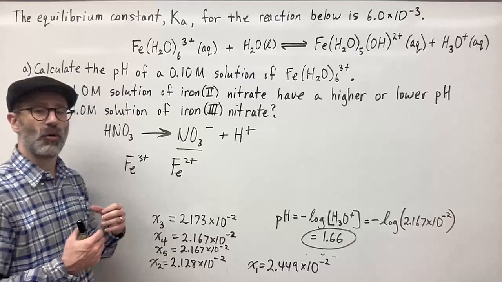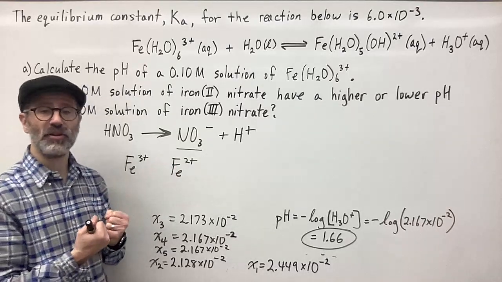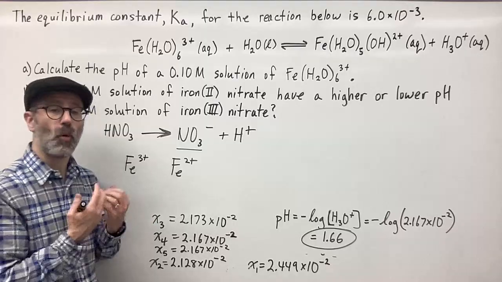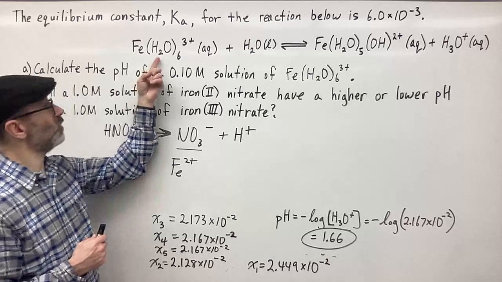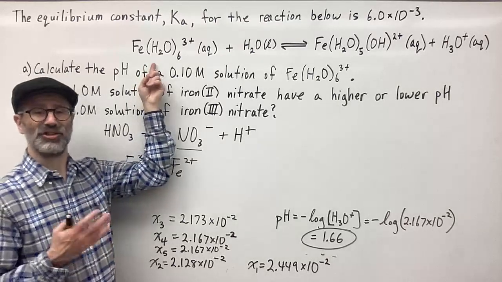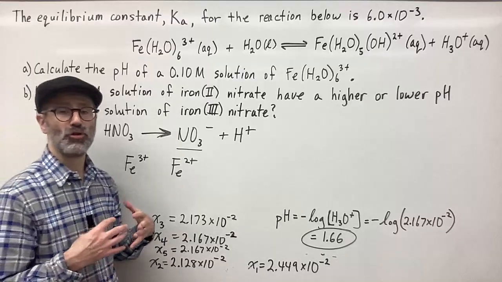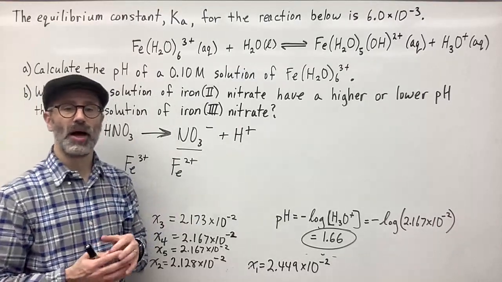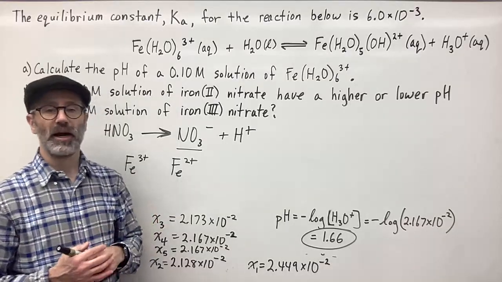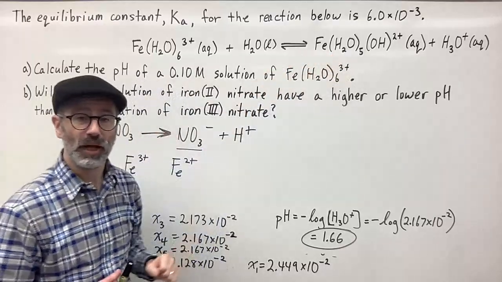And that taking away of the electron density from the water molecules is then going to make the bonds in the water molecules between the hydrogen and oxygen weaker, therefore allowing them to be given off or transferred to a water molecule more easily, right? So that causes the acidic nature of the complex.